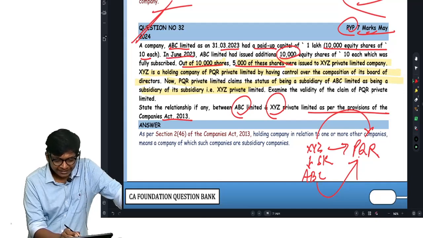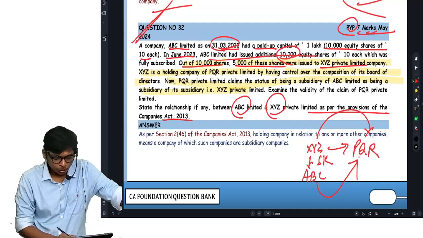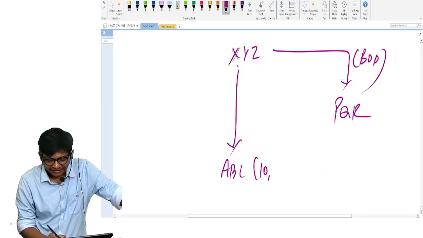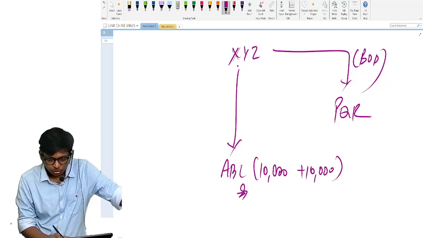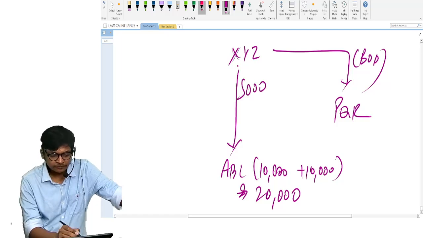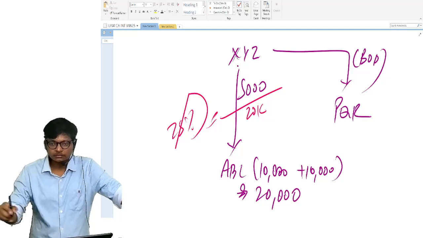In June 23, after the year end, it had additionally issued 10,000 shares of 10, which was fully subscribed. Out of these 10,000, 5,000 was issued to XYZ. So ABC already has 10,000 shares. Again they issued 10,000 shares. So totally they have 20,000. Adala XYZ has how much? So 5,000 divided by 20,000 is only 25%.